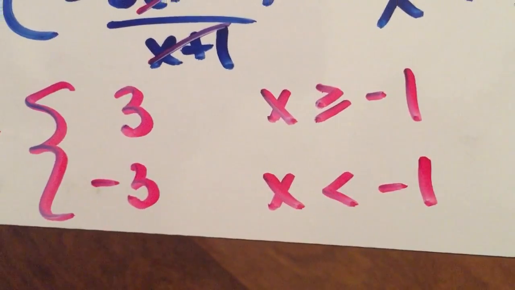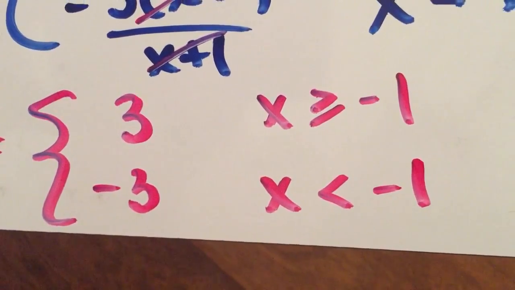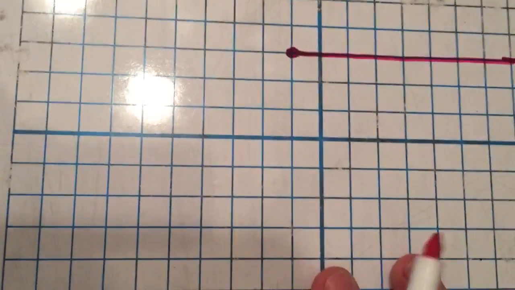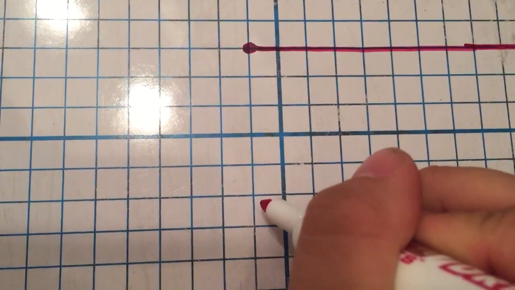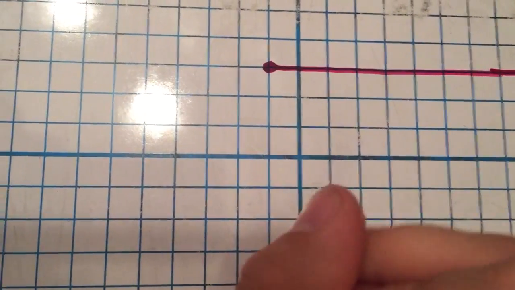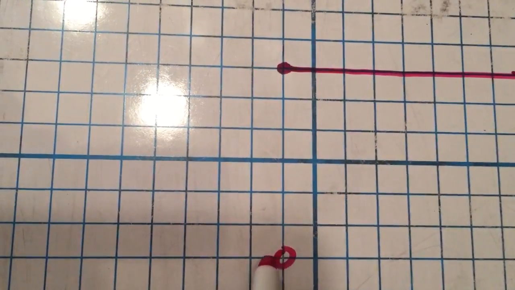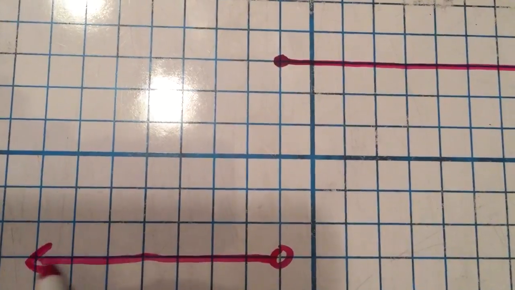And then I also had negative 3 for values less than negative 1. So for values less than negative 1, I am at negative 3. And again, I have an open circle because it was just a less than symbol.